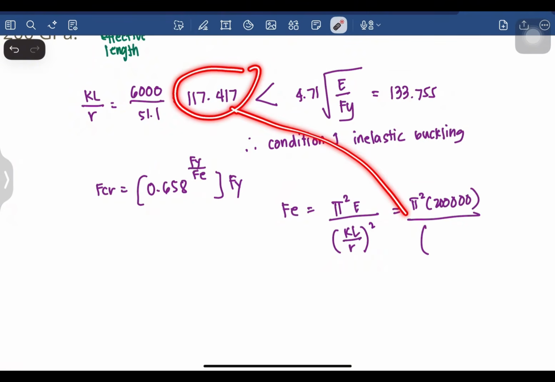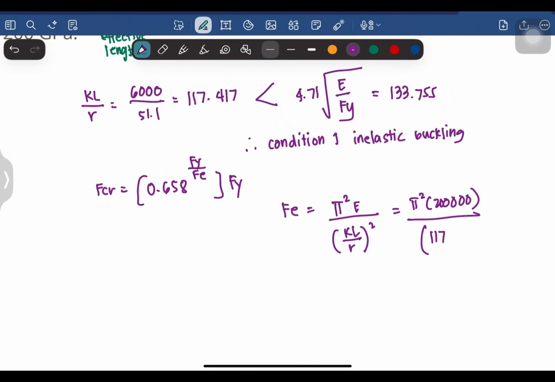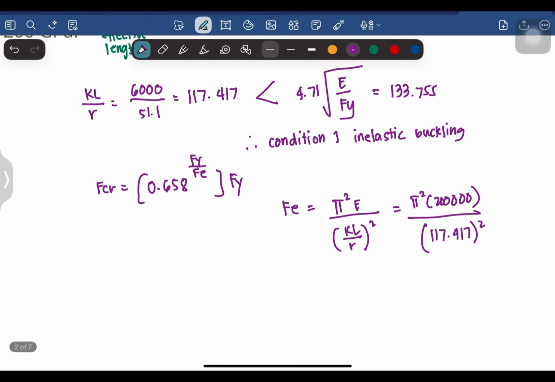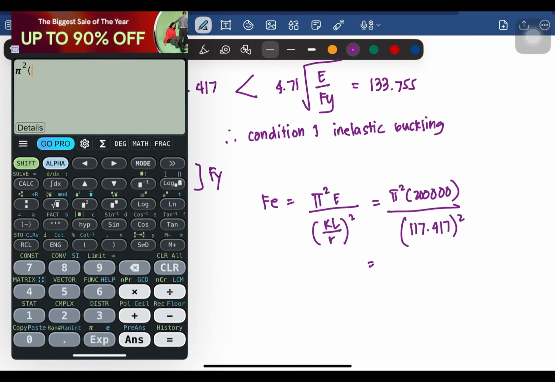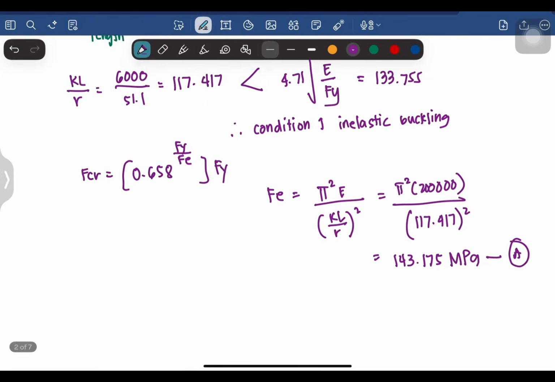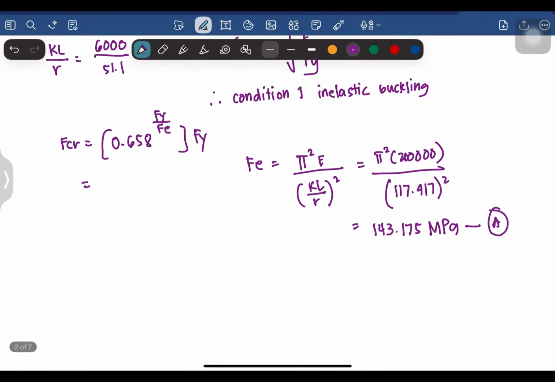So we'll have to rewrite it in the formula, 117.417 squared. So Fe is 143.175 MPa. So I have to store it to variable A para madali natin makompute yung Fcr.